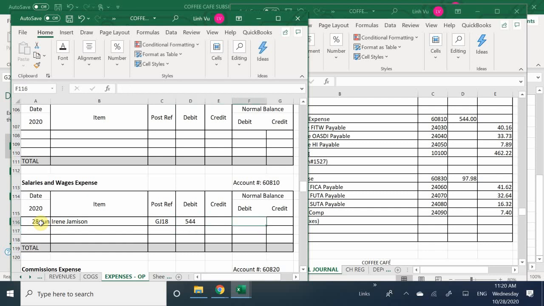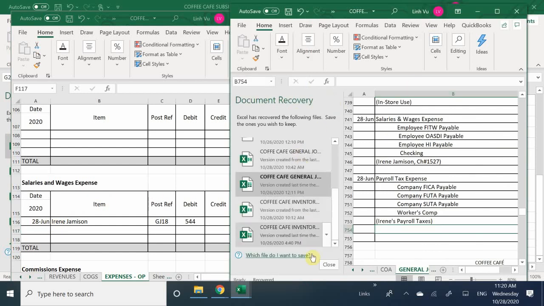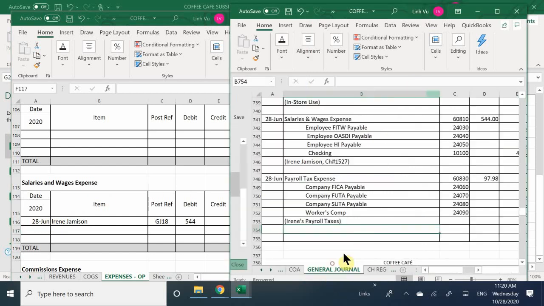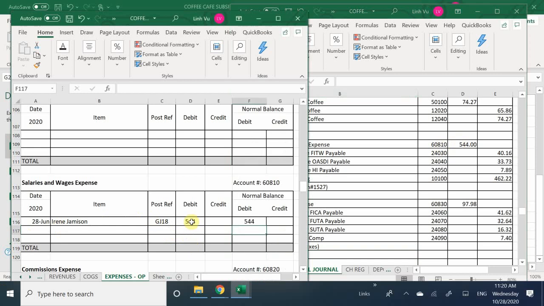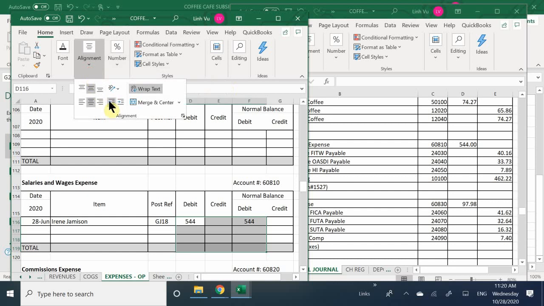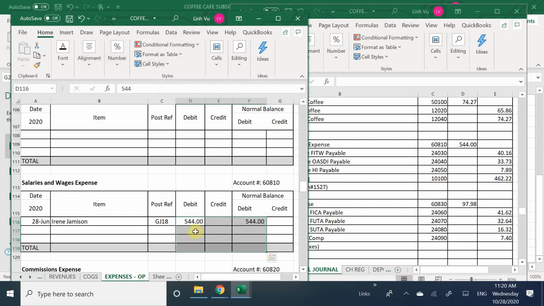No, that's right. Those are separated. So we're dealing with just salaries and wages payable, which we debited for $544. So therefore, my beginning balance here is going to reflect as 544.